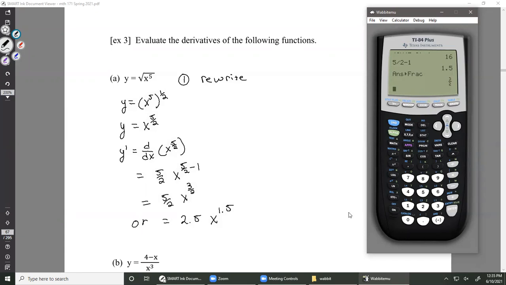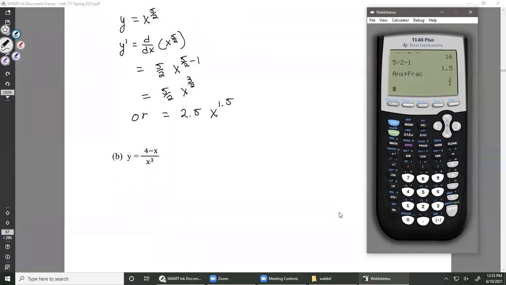Okay, so part B, I don't want you to write down your answer, but I do want you to think in your head how you might take the derivative of this. If you want to write it off to the side or just think about it, that's okay. I want you guys to think how you might do this using the rules that we have.